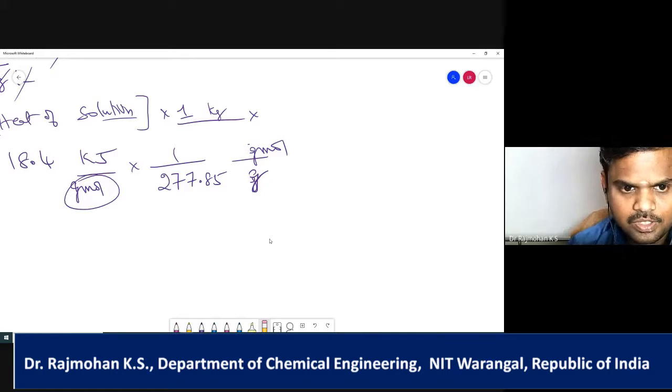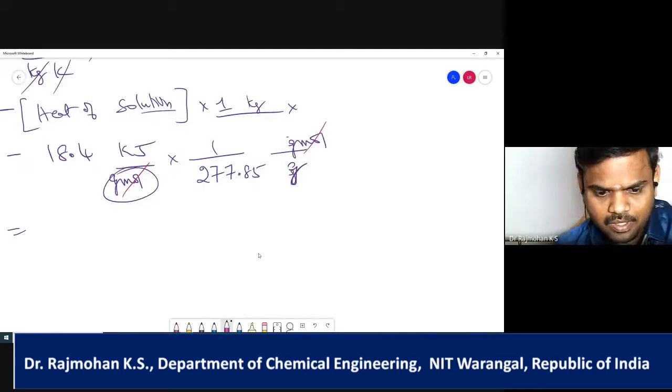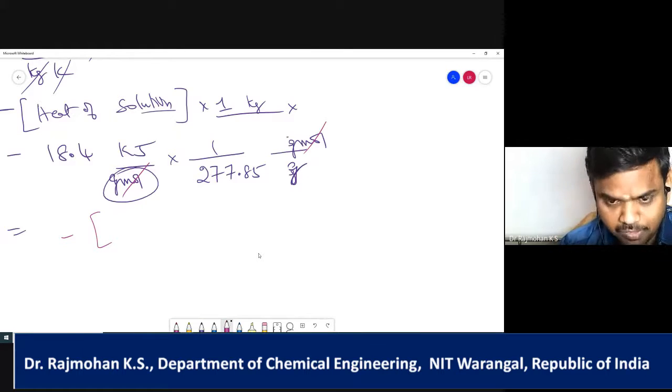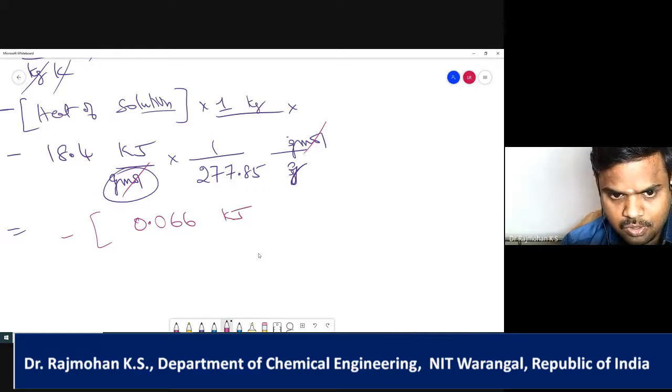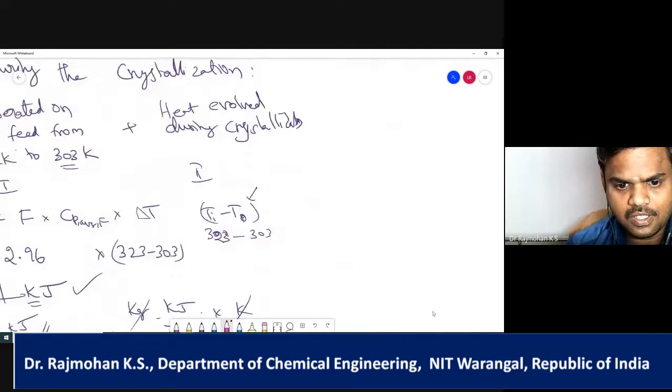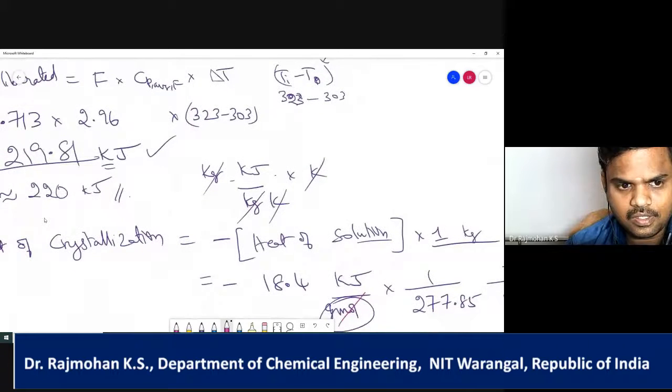So this gram mole will get cancelled. This value is minus of 18.4 divided by 277.85, which is 0.066 kilojoule per gram. But how do we want to express it? Kilojoules per kg, because our previous data is in kilojoule per kg.